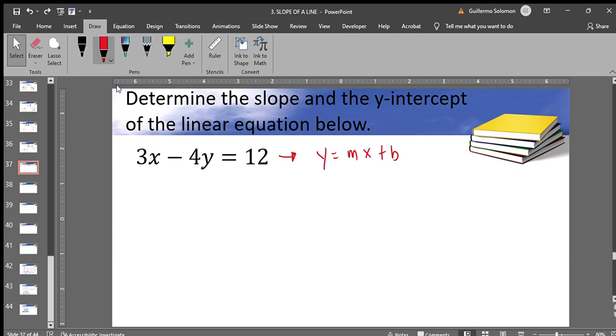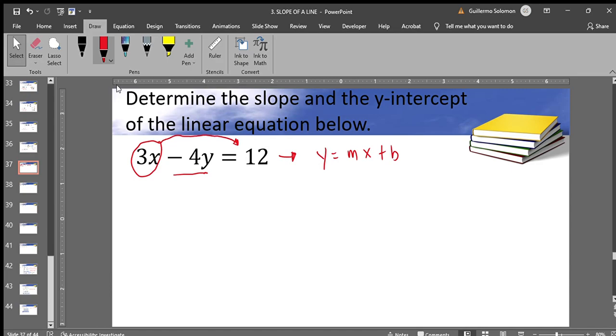Okay. Now, since we have a y term in the left side, let us retain negative 4y on the left side. Okay. Now, ano ang kailangan nating ilipat? This 3x here. Since ito ang may term na may x variable, itilipat natin tong 3x dito sa ating right hand side of the equal sign.